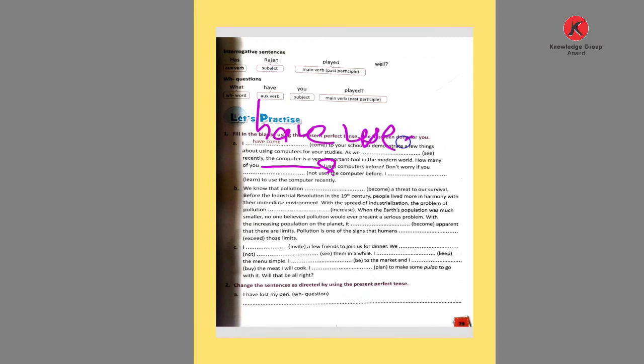Used is the past participle of the main verb use. Don't worry if you blank the computer before. Here, not used is given. So, have not used. Have not, negative, and the past participle we already know, used.